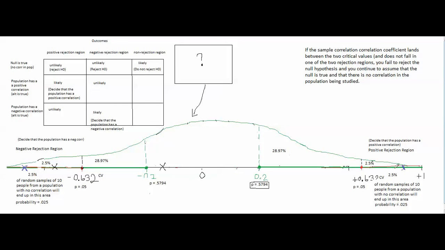So this is 0.8. I'm just trying to give you a little bit more of an idea of how the p-value works. 0.8 and negative 0.8.